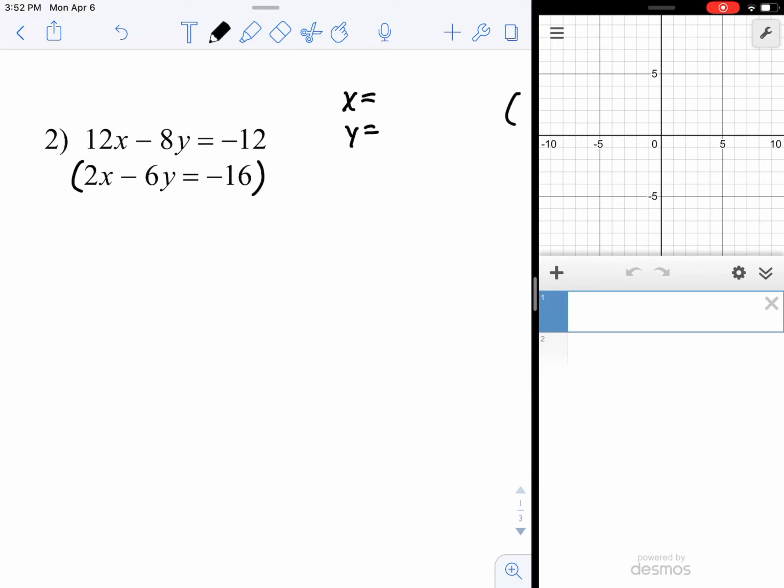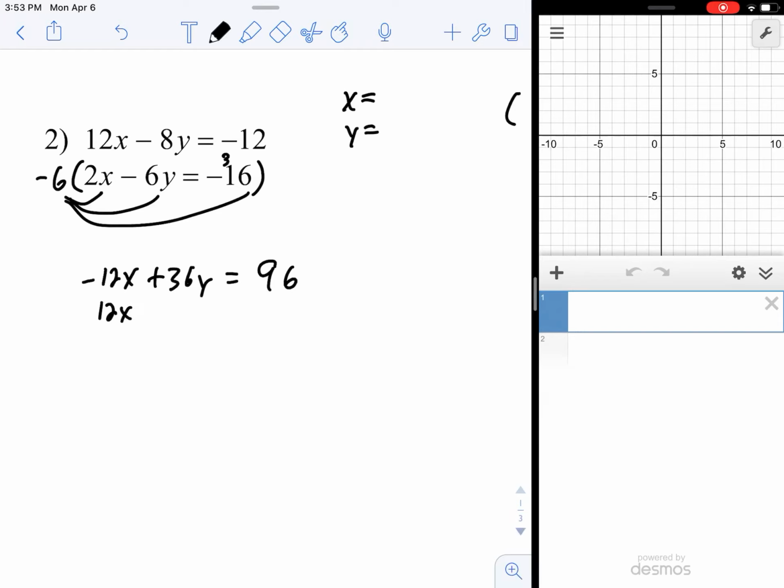Sorry about that. I'm going to multiply this equation by negative 6, the whole thing. So it's like a big distributive property. So I get negative 12x plus 36y equals positive 6 times 6 is 36, carry the 3, 96. Then I bring down this other equation. I'm not changing it in any way at all. Draw a line and just combine these equations together.